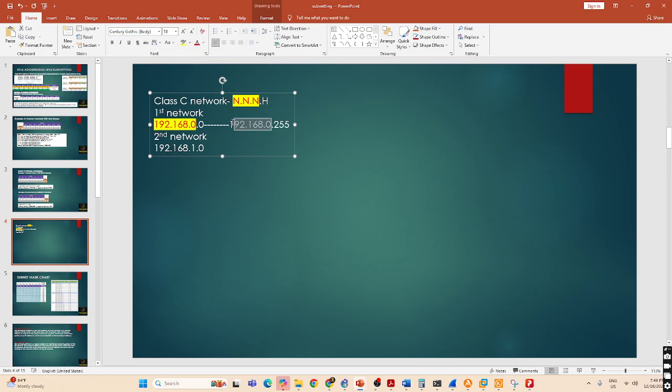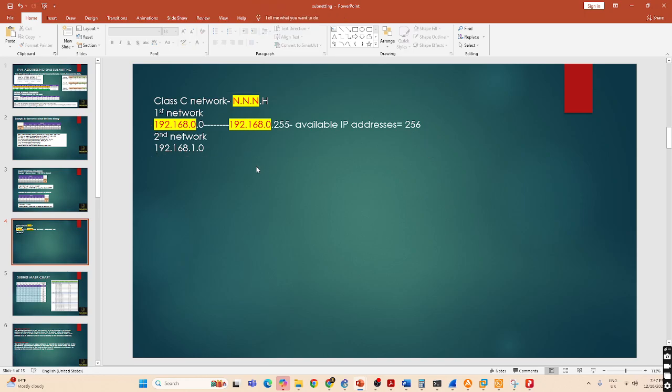So this is fixed. Only the host bits will change, from 0 to 255. So in total, how many IP addresses are available in this network? 256.